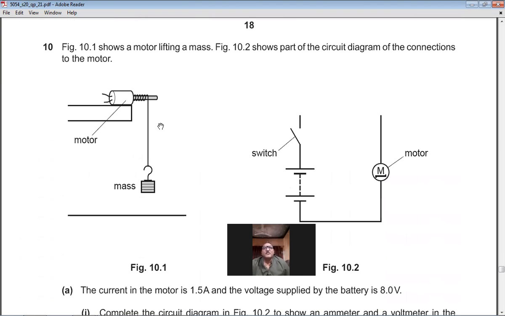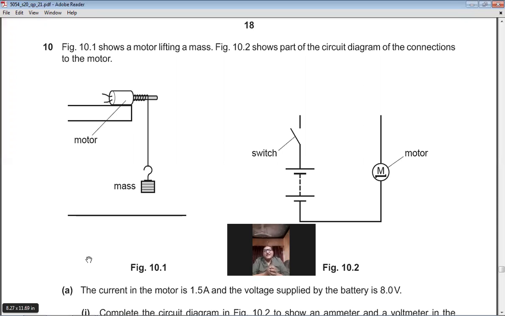When this mass falls, there's no electricity basically, but when it falls, the armature of that motor will rotate, because the mass is connected through a string to the armature on which we have the coil. When this mass goes down, the armature and that coil will rotate, and automatically EMF will be induced in it.